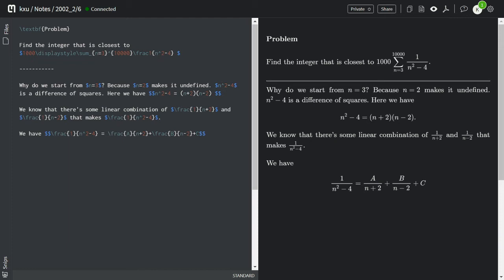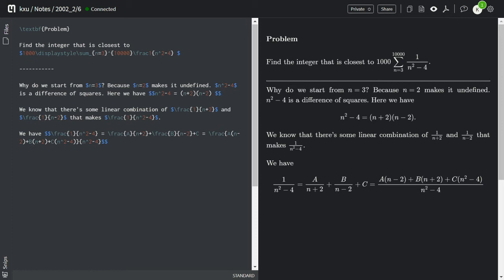Now the problem with this is when we try to condense it, we get a times n minus 2 plus b times n plus 2 plus c times n squared minus 4, all over n squared minus 4. When we try to collapse it like this, the problem is that we assumed c is not equal to 0, and c not equal to 0 means that we have an n squared coefficient in the numerator.